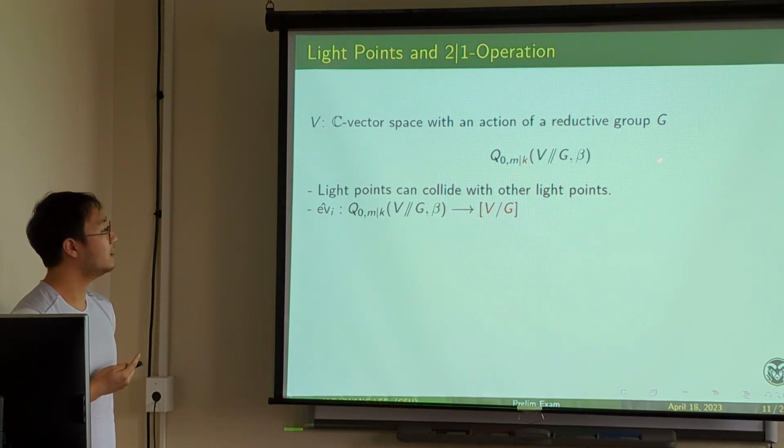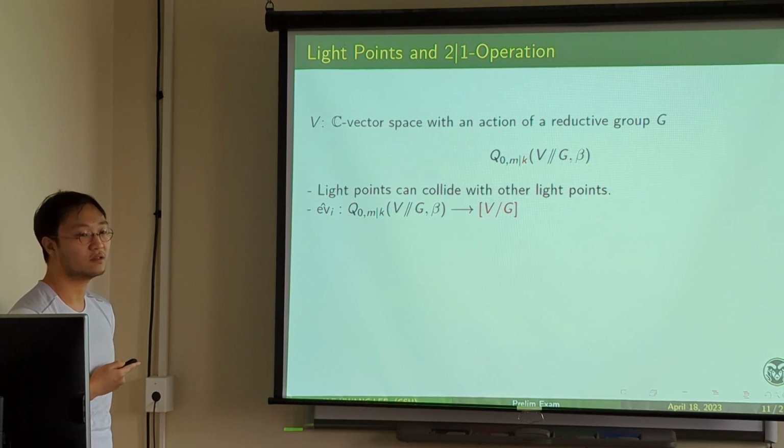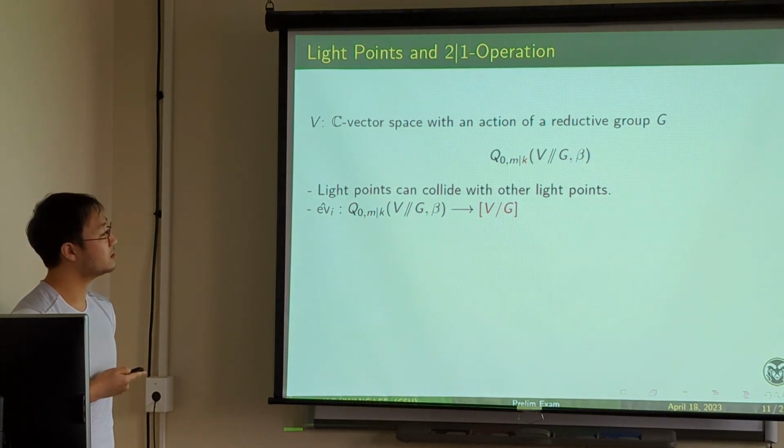And then I'll put more markings here, K markings, which are different from the M markings. The first are M markings. These are called heavy markings, and these K markings are called light markings. The difference between heavy and light markings is that light markings can collide with other light markings.